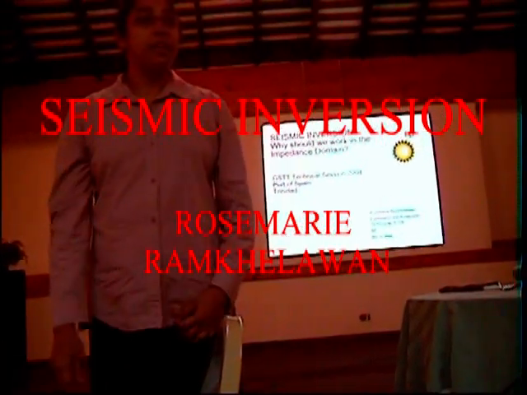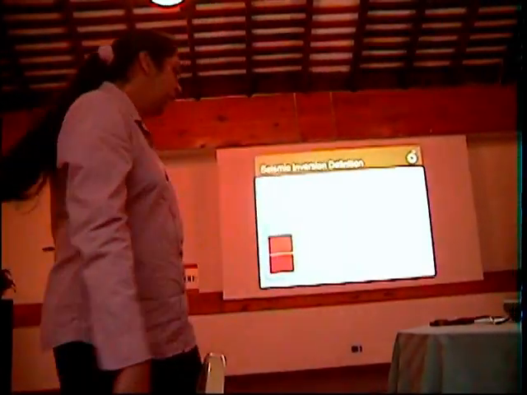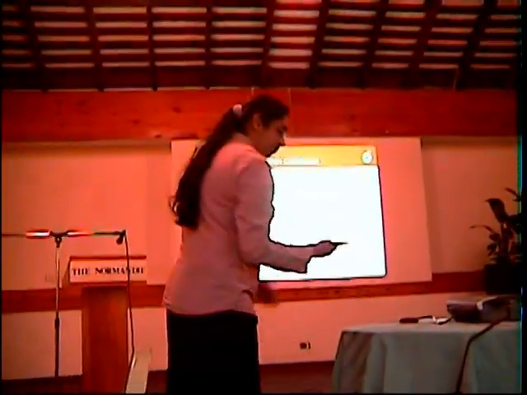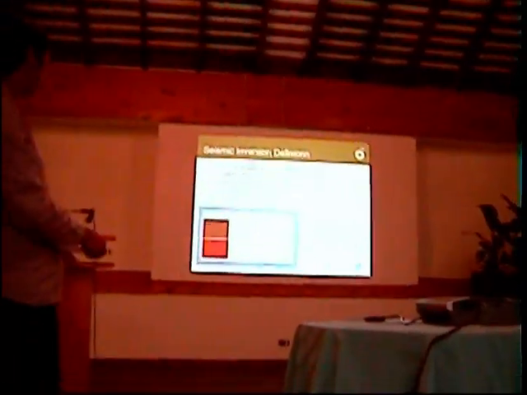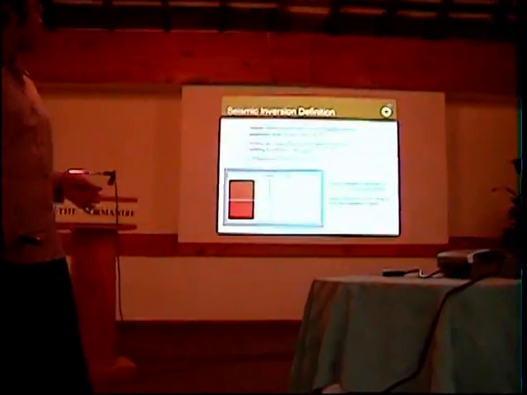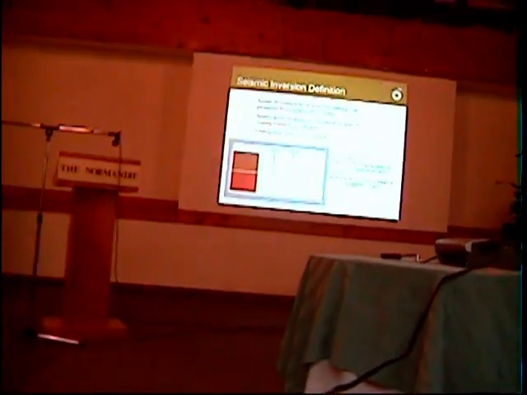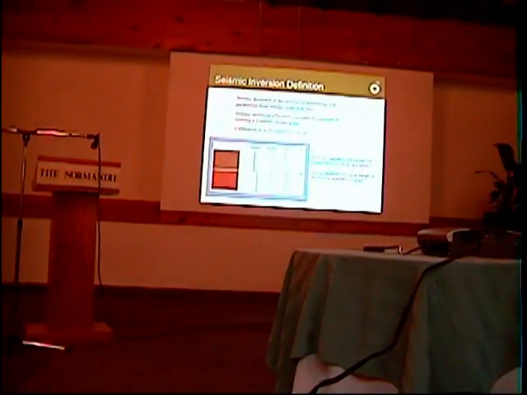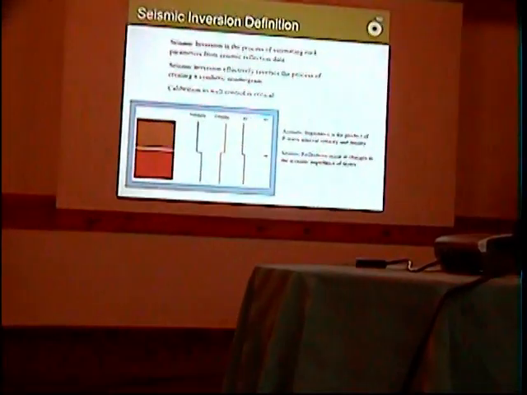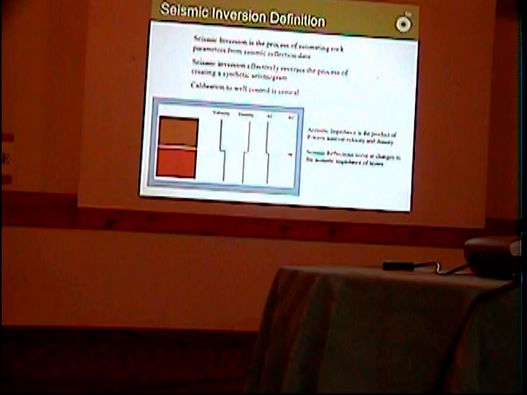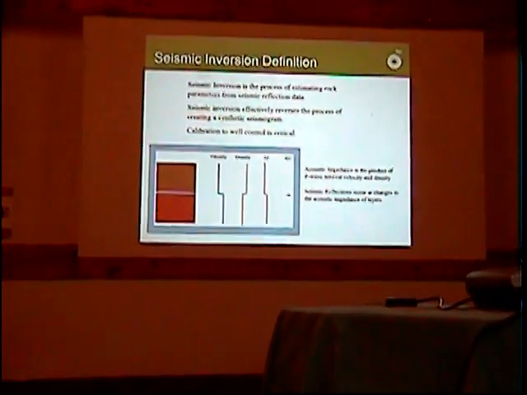Why should we work in the impedance domain? Basically, we're trying to pull as much as we can from seismic data. So it's beyond just mapping structures, beyond really simple things that we typically do.